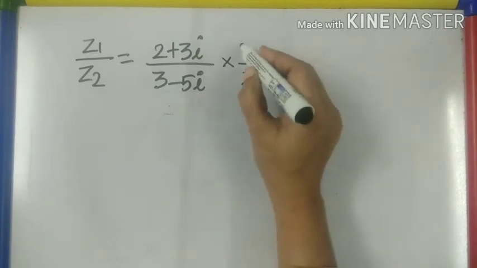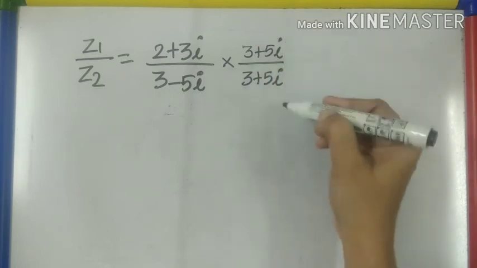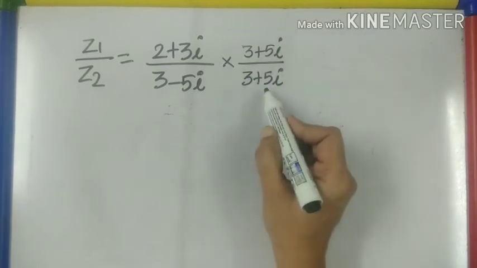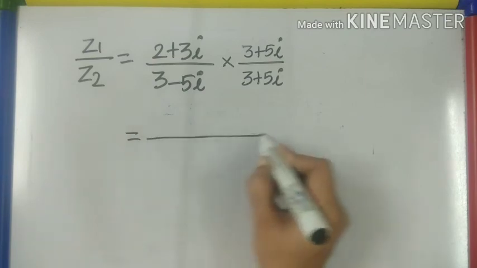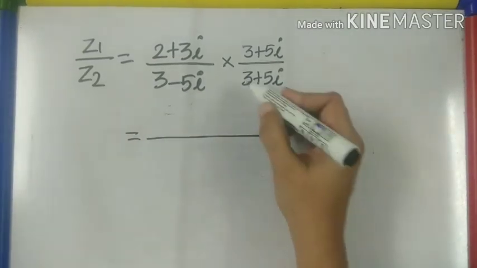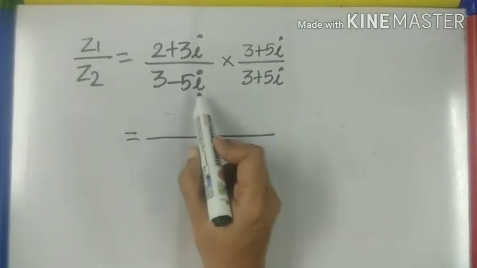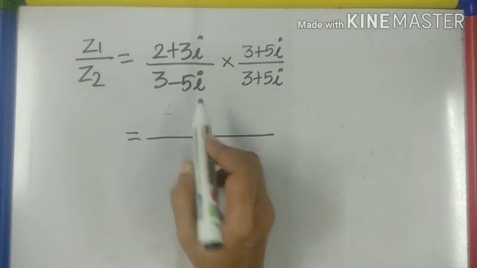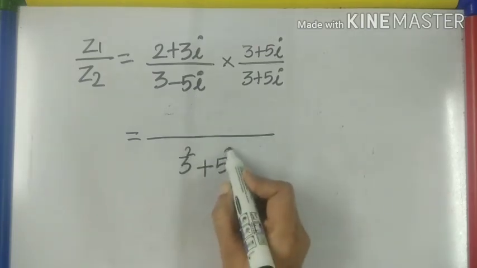The numerator also I put 3 plus 5i. So I multiply and divide by the same number, my answer is unaltered. Now, how to multiply this? Denominator is a plus ib, a minus ib. This is nothing but a square plus b square.